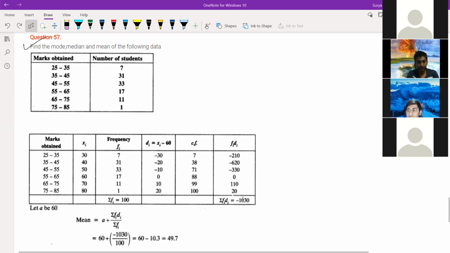First, all of you find this one: mean, median, and mode. So mean is 49.7. What about median? Sir, could you tell the median for me? Samarth, you got the median formula? Yes, sir. N plus 1 by 2. I'm just writing the answers here.